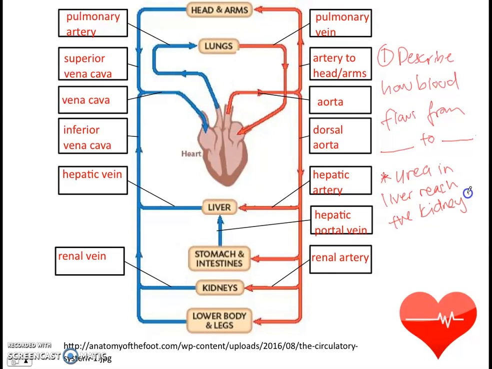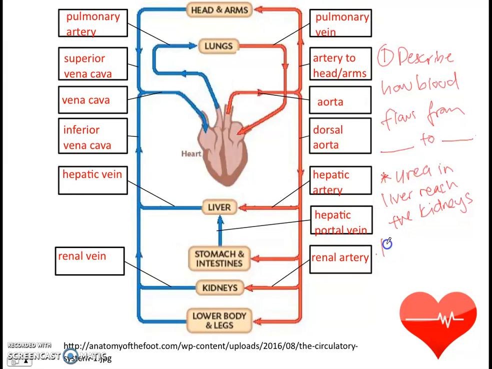The kidneys is where the urea is removed from the body. So you would have to answer something like this: the urea in the liver is transported by the hepatic vein back to the heart. Okay, hepatic vein to the vena cava back into the heart. From the heart, it doesn't automatically go to the kidneys, right? So it needs to be transported to the lungs first, through the pulmonary artery, then to the pulmonary vein back to the heart, then out through the aorta, and then through the renal artery to the kidneys.